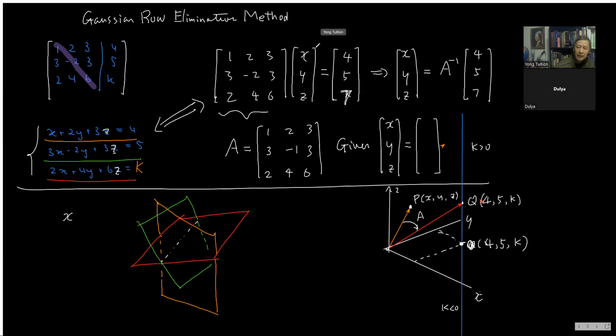In that case, you will see another intersection. In this way, they will have a unique solution for X, Y, and Z. Do you agree? That is a single or unique solution, one solution.